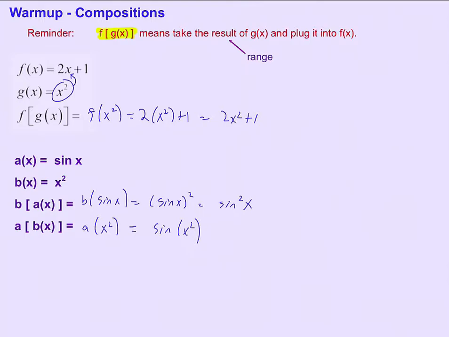The general idea behind compositions, and this is a diagram that I love to refer back to, is this idea of a conveyor belt. A composition, generally speaking, means you take x, you plug it into some function, just call that f for now, and you get the result out.